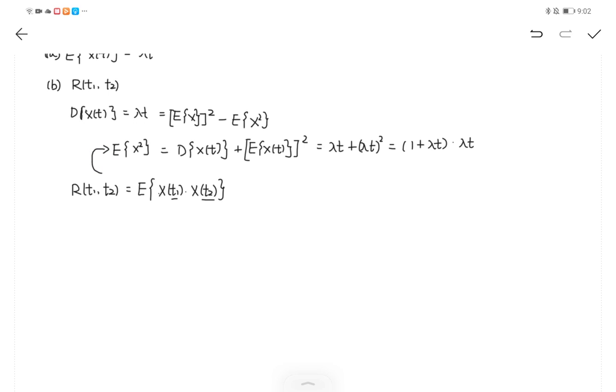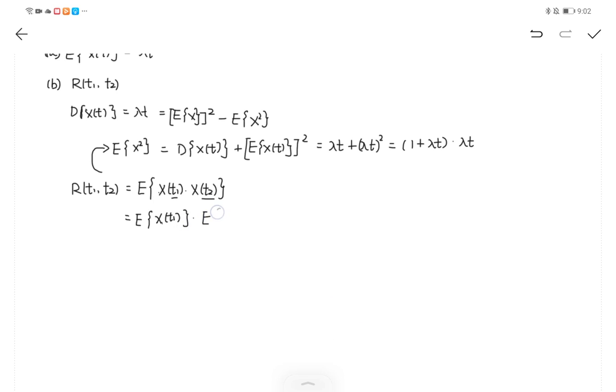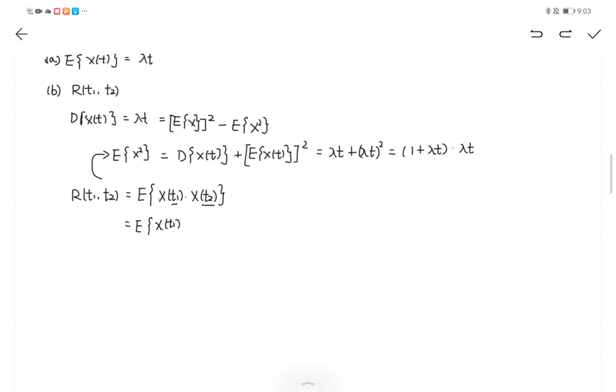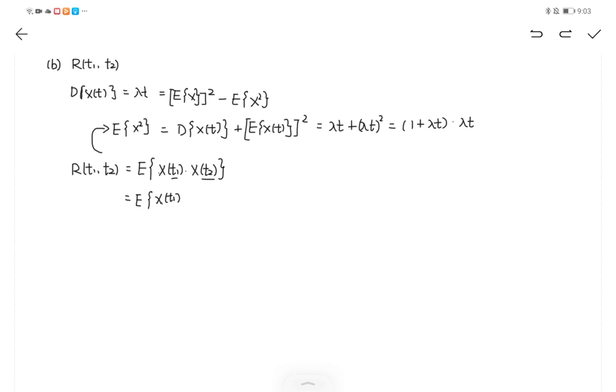and we won't use this form, we want to change it into this form. So we can use this method. We can change X(t1) multiplied by X(t2) into X(t1) multiplied by (X(t2) minus X(t1)) plus X(t1).